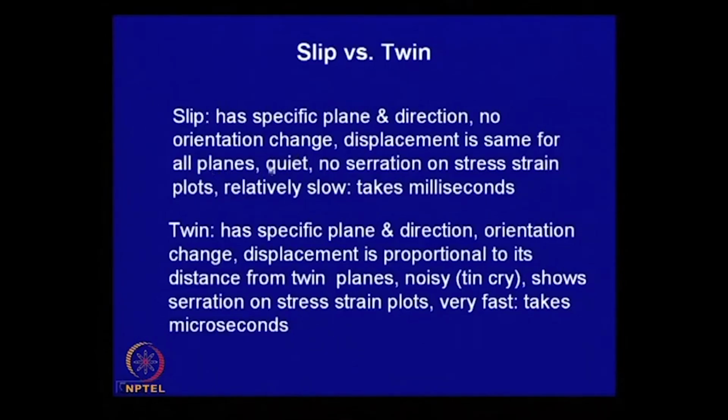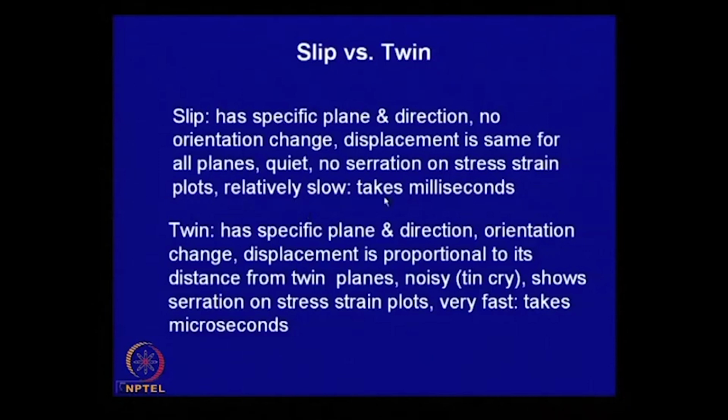Now, slip is a quiet process, whereas twinning is a noisy process, and a very common phenomenon we know is tin cry. When tin, which has a body centered tetragonal structure, is deformed, it twins and generates sound. So it is noisy. Secondly, the process of slip is very slow.